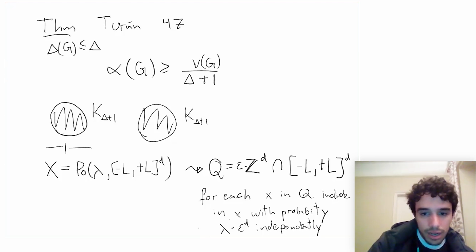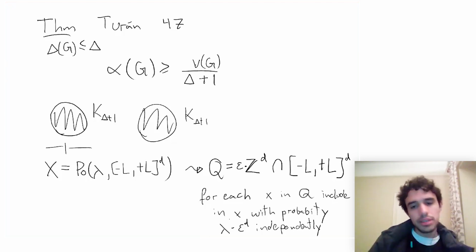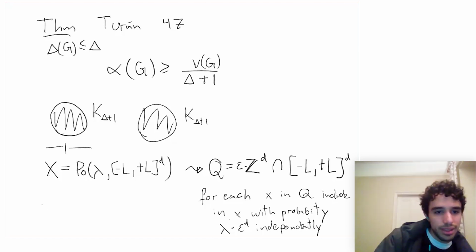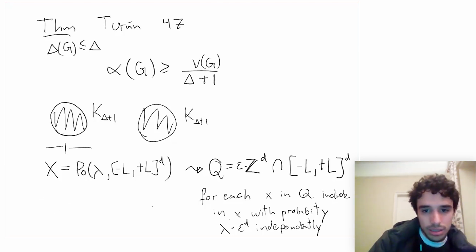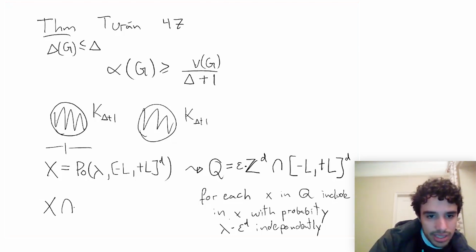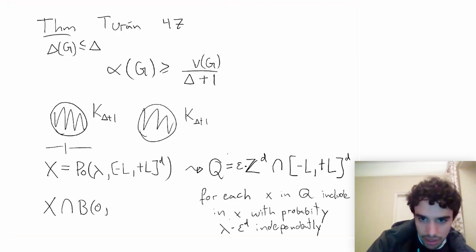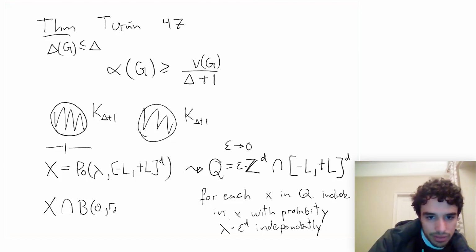And the cool thing about this process is the following. If you look at X intersected with some ball, and here you're going to let epsilon tend to 0, the distribution of the size of this will be a Poisson with rate lambda.